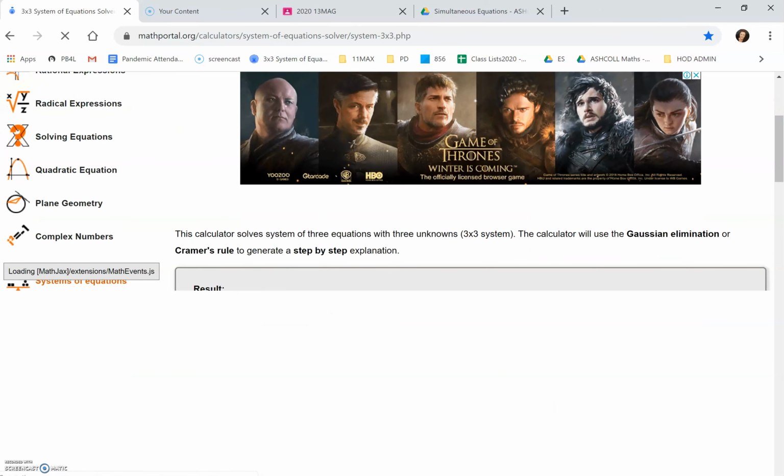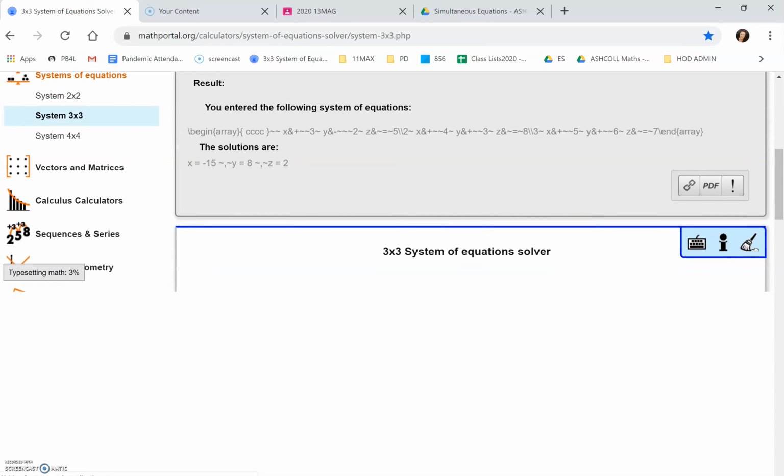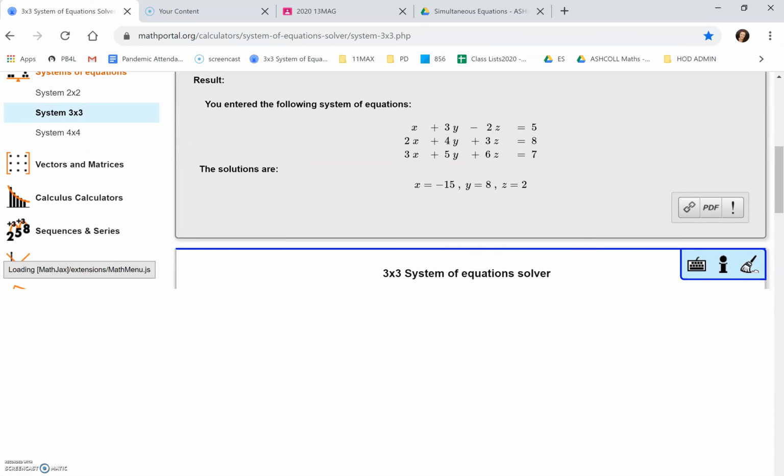Click to solve it, and you'll see that it agrees with this, where x equals -15, y equals 8, and z equals 2.